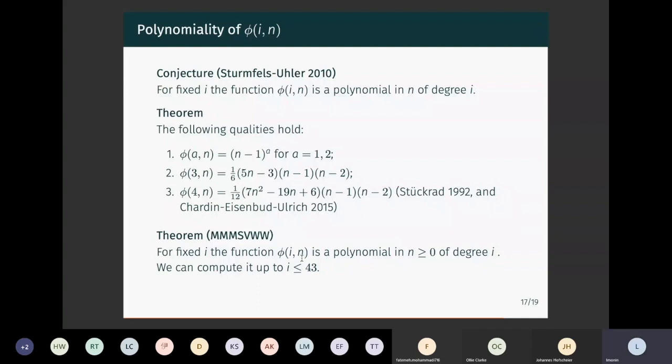But it turns out that the polynomials we compute are not just polynomials starting from where the number makes sense, but almost polynomials starting from 0, and they give 0 values all the way up to the place where the dimension of the space of symmetric n by n matrices becomes larger than i.